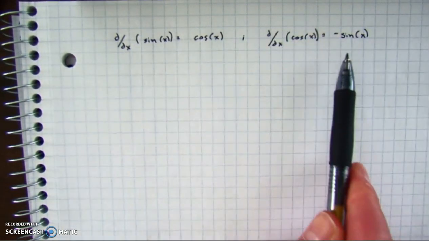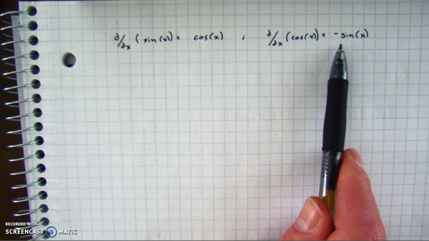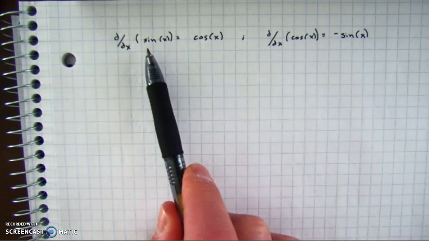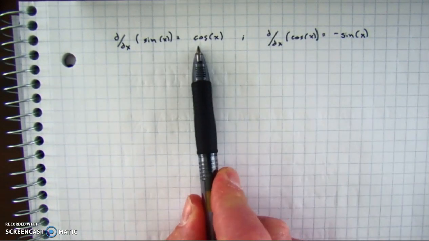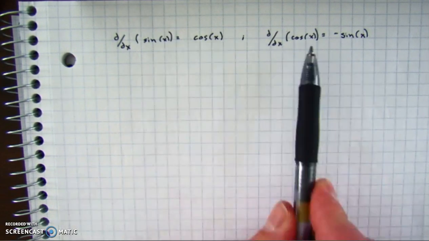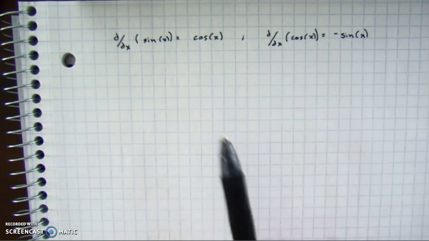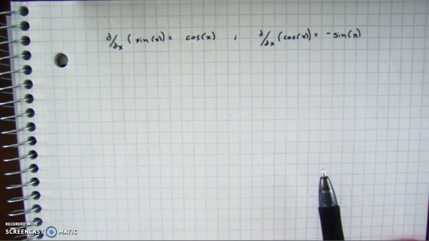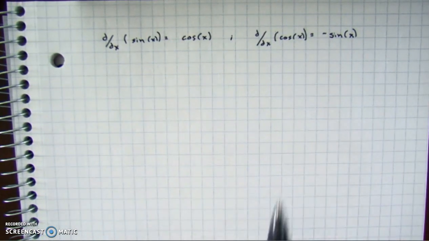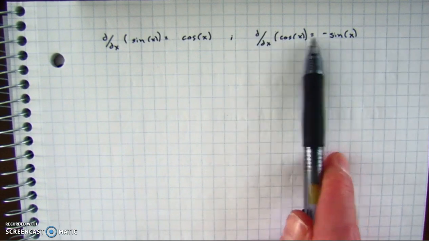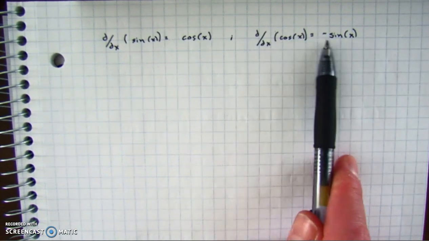Keep in mind that this one has that negative on there, right? So sine goes to cosine, which is still positive, but when you take the derivative of the cosine, it goes to negative sine. And personally, I don't know if there's any cool, neat tricks that anyone has to know that it's the negative that goes from cosine to sine.